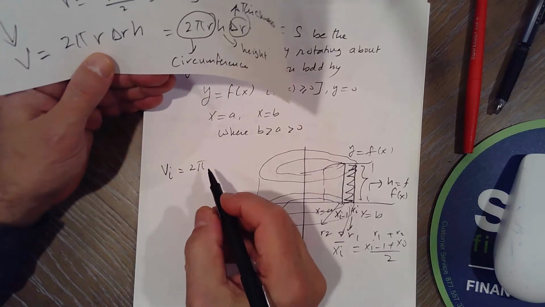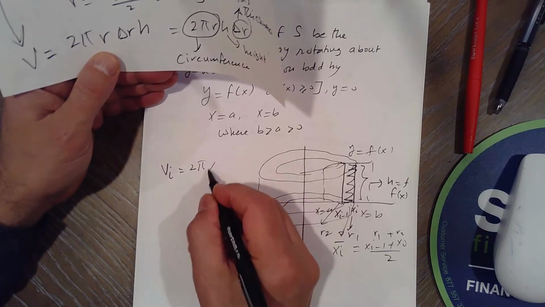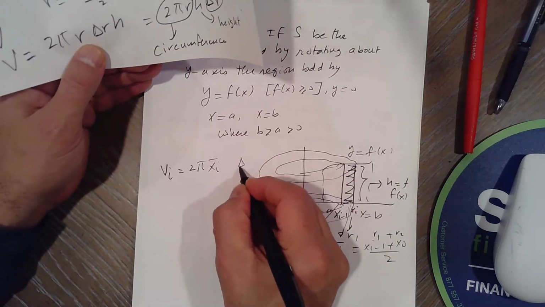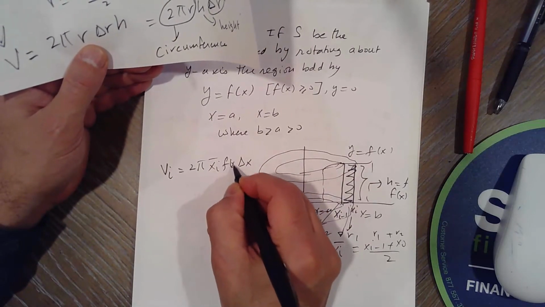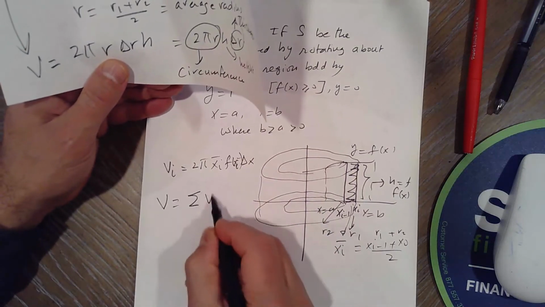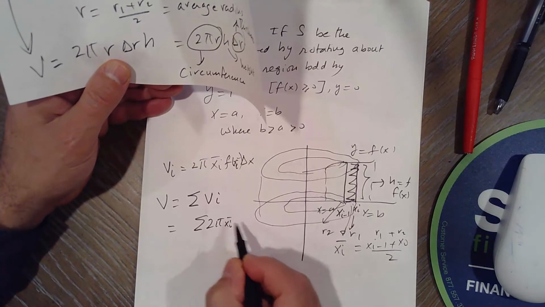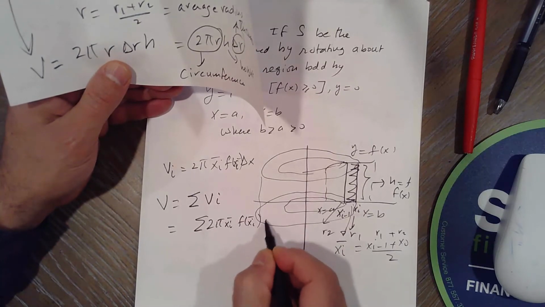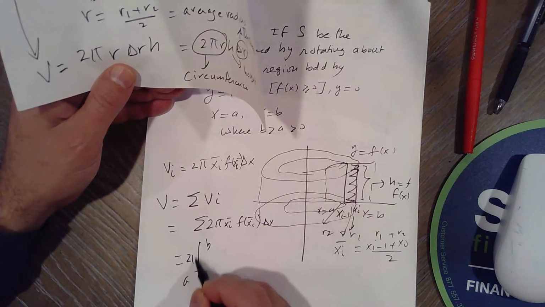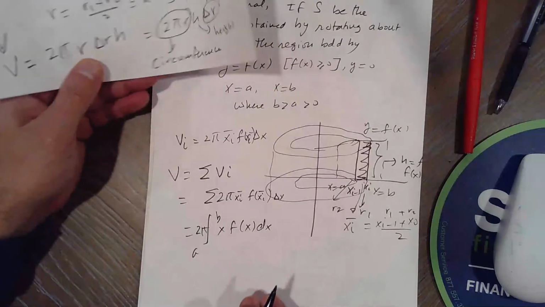So 2 pi x i bar, and then delta r is your delta x, and h is f of x i bar. And so V, using a Riemann sum, is the sum of 2 pi x i bar f of x i bar delta x, which would be the integral from a to b of 2 pi x f of x dx.